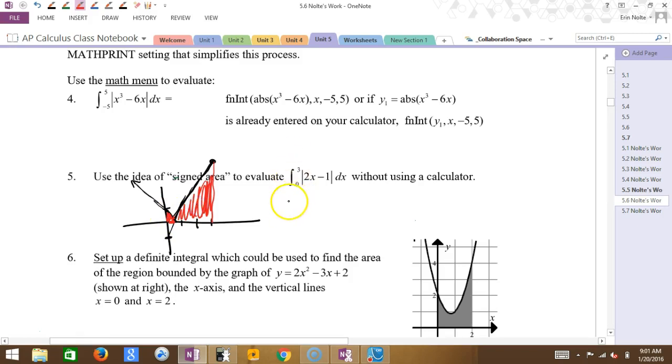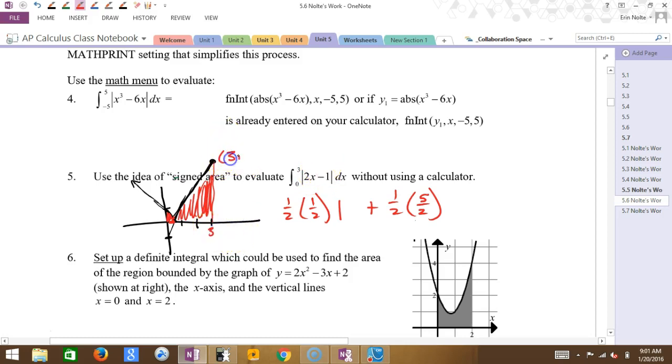The little tiny one is 1/2 times, what's the base? 1/2. What's the height? 1. Then if we look at the bigger one, we have 1/2 times the base. What's the base? 2.5. I'm going to say 5/2 because I'm already dealing with fractions. What's the height of my triangle? How am I going to figure out how high that goes? Plug it in. If I plug 3 back into my function, 2 times 3 is 6. 6 minus 1 is 5.